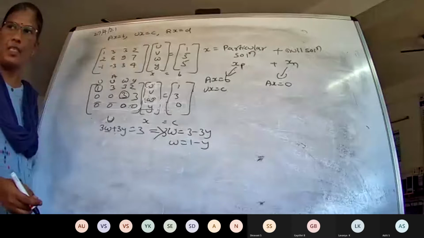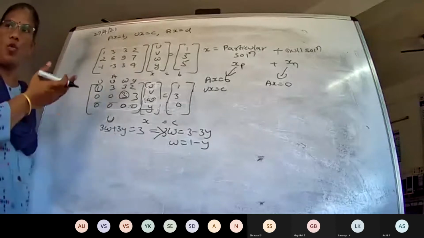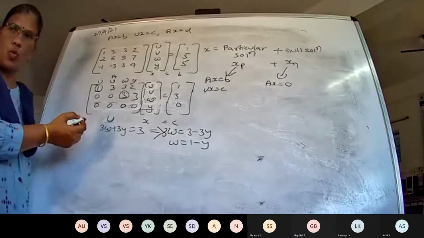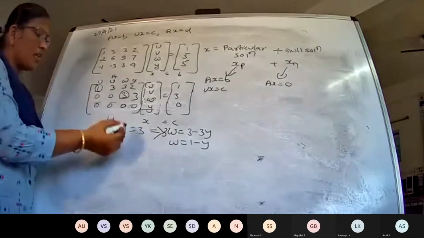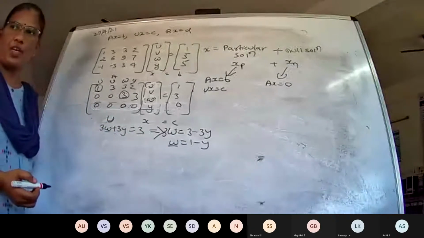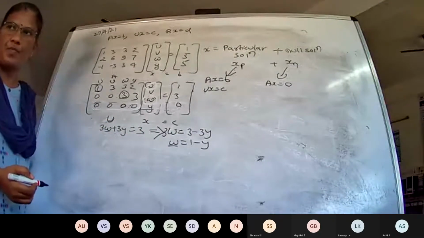Is that right? Start from the lower rows. Leaving the all-zero rows, I am getting 3. So write this expression in terms of the pivot variables. Is it clear?